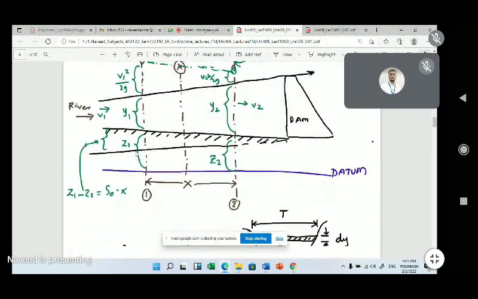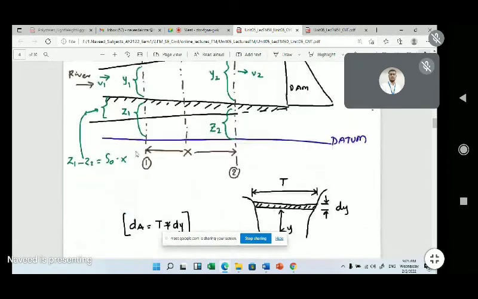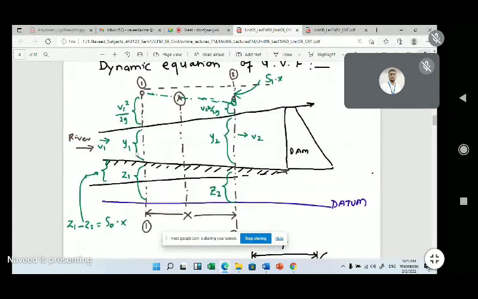Then we derived the dynamic equation for gradually varied flow, and this is the figure based on that.